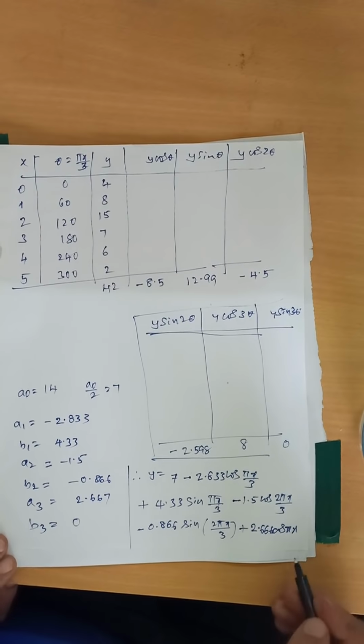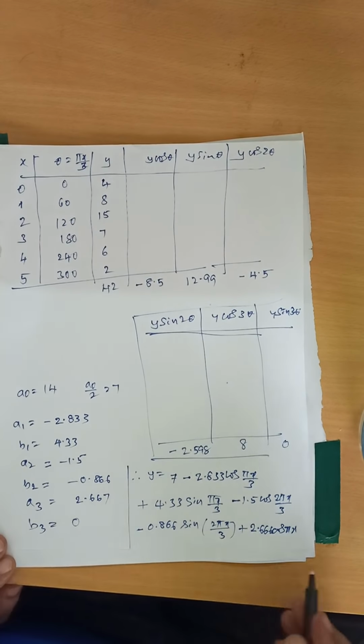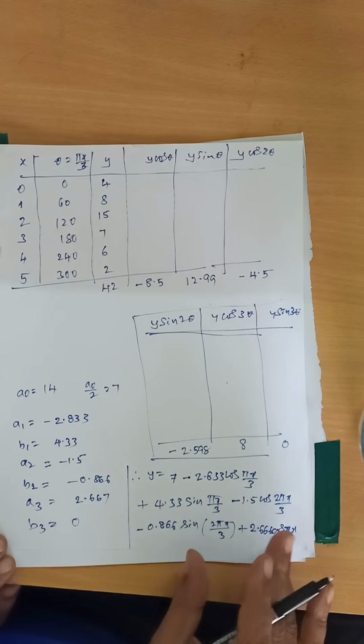The next term is 0 because b3 is 0, b3 into sin is 0.